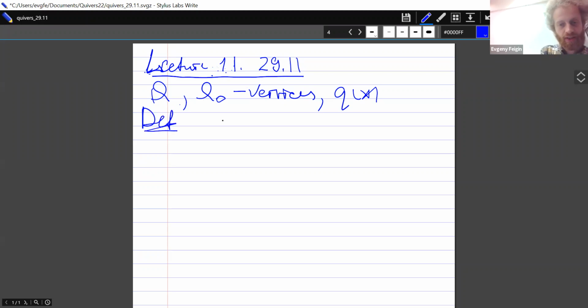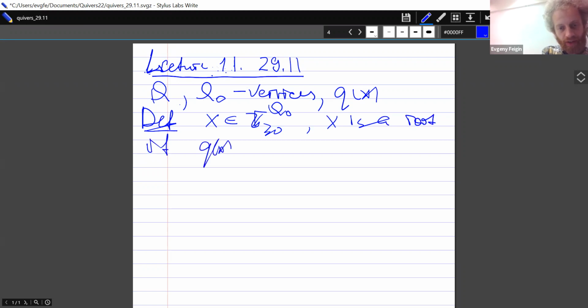So we say that we have x, an element in Z greater or equal to 0 to the n. So x is a root if q of x is either 1, so this is called a real root, or q of x is 0, and this is an imaginary root.